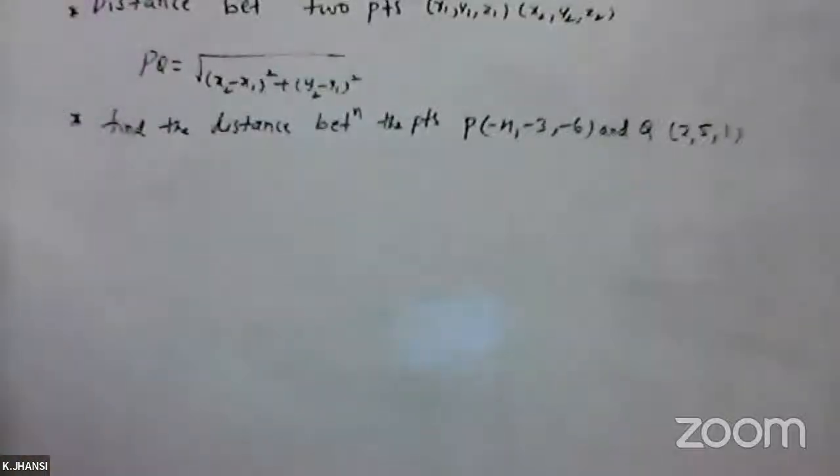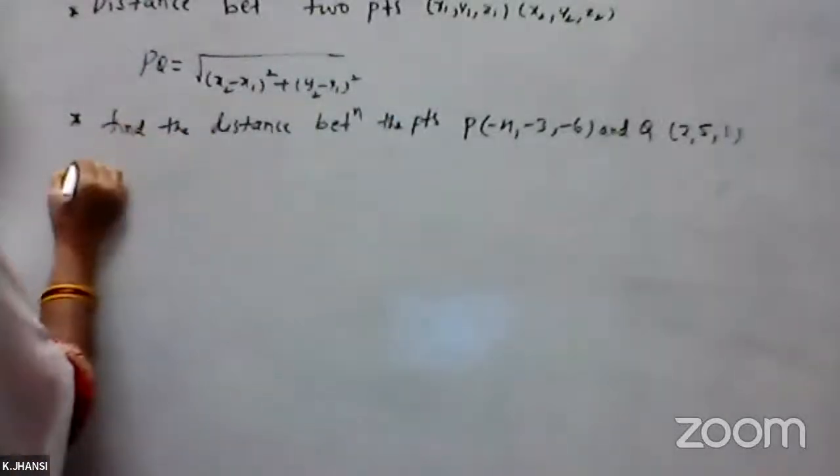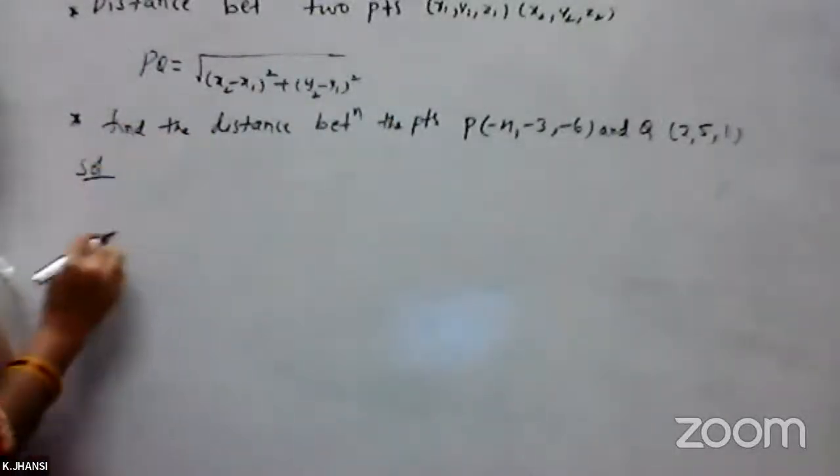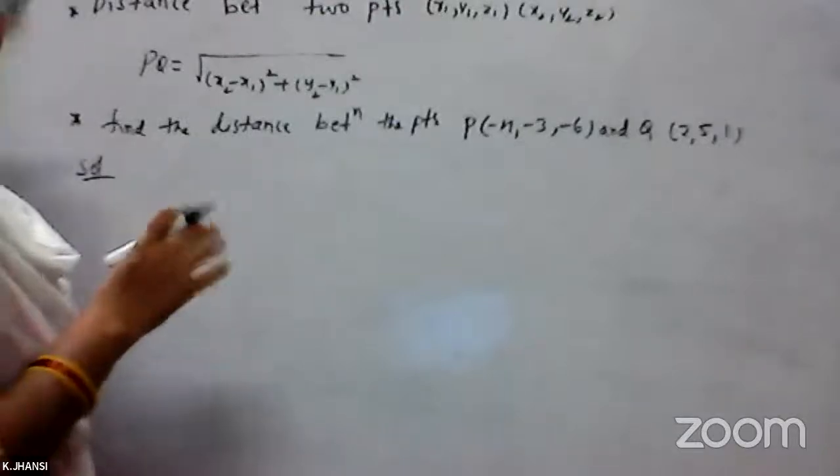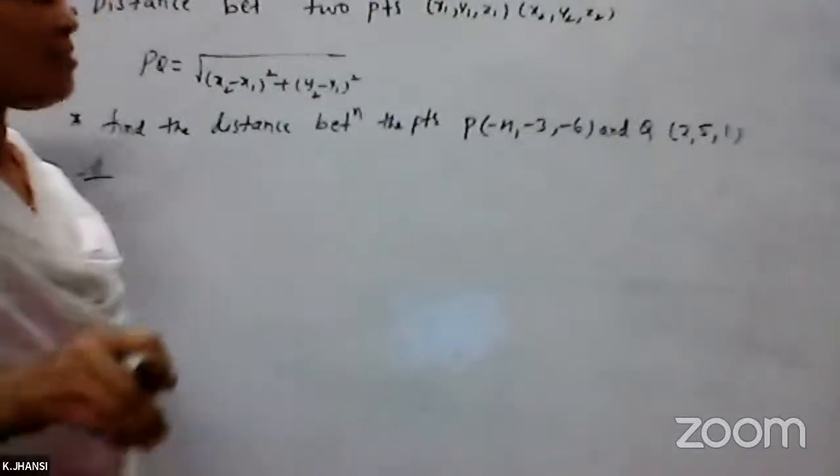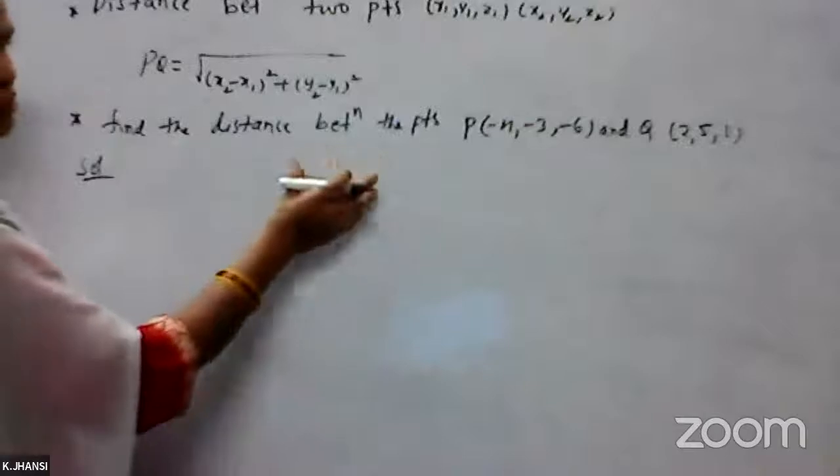So we have to find the distance between the two points. Whatever the theory part is, to solve the problem, try to collect it from your textbook. I am just telling the solution here.